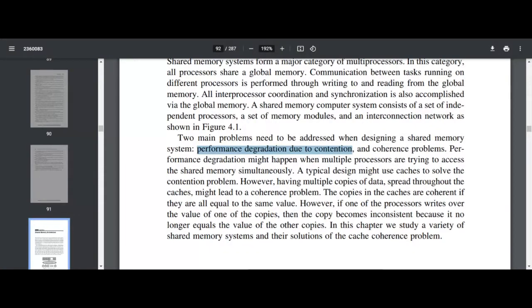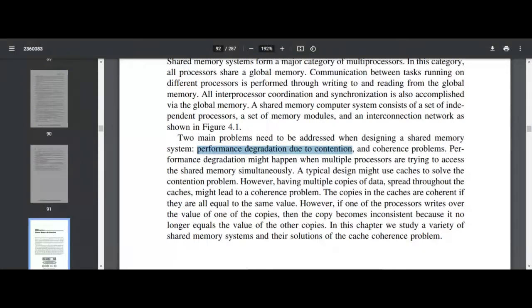The copies in the caches are coherent if they are all equal in value. However, if one of the processors writes over the value of one of the copies, then that copy becomes inconsistent. Like in this case, if you have one content available in the memory and other processes are trying to access it, they can change it, like a shirt from the cupboard.